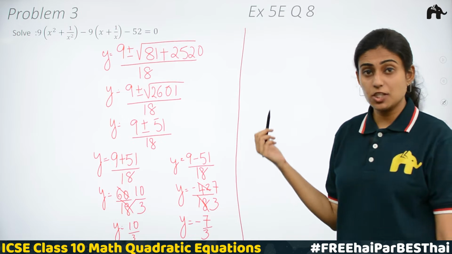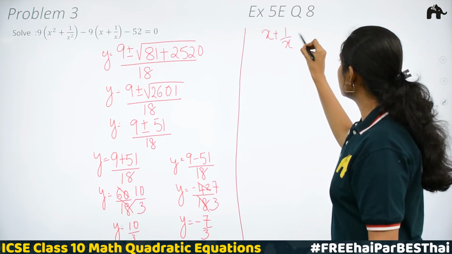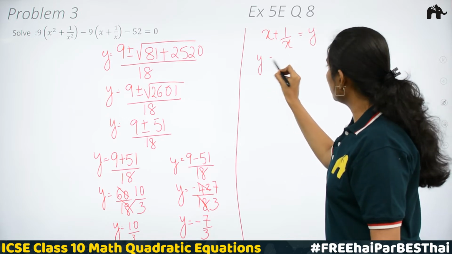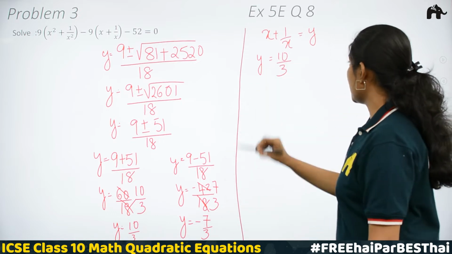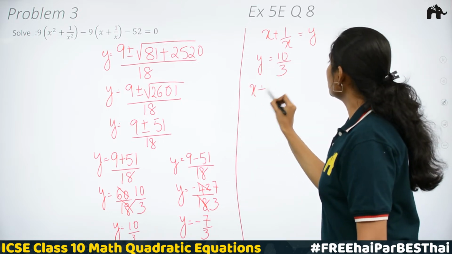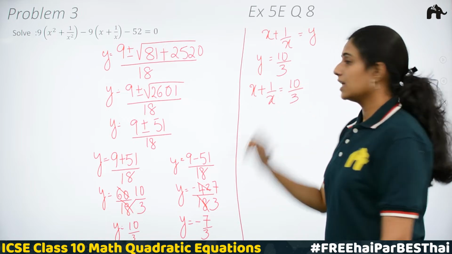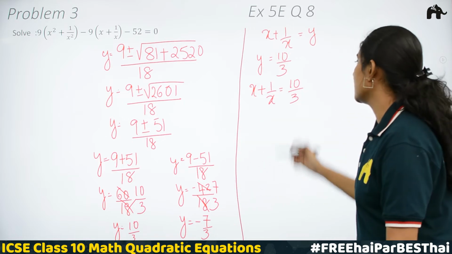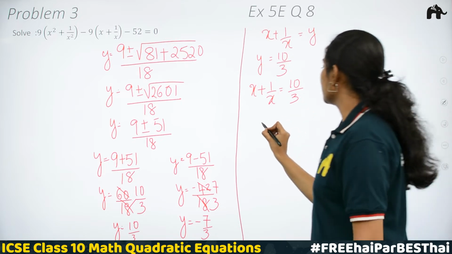What was our substitution? We had x plus 1 by x is equal to y. Okay. When y is equal to 10 by 3, we can write this as x plus 1 by x is equal to 10 by 3, because y is equal to x plus 1 by x. Now take the LCM.